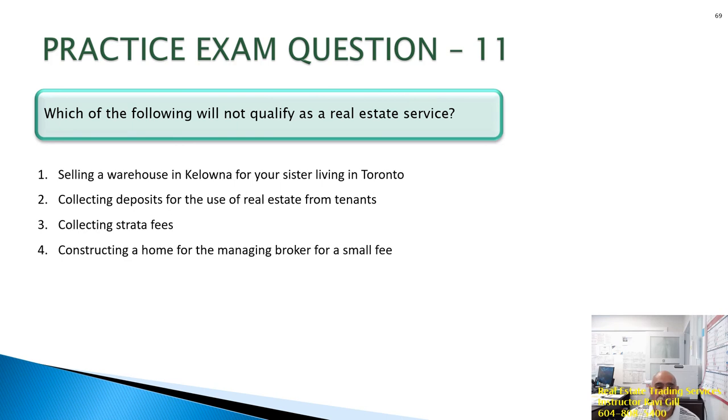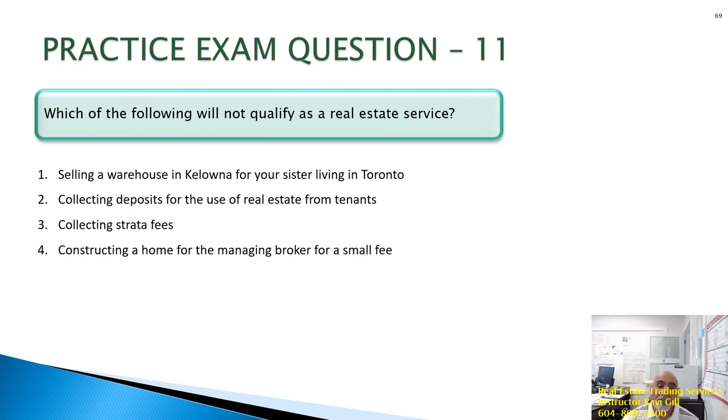As a realtor, your license is given to you by the Provincial Real Estate Services Act, the Council of British Columbia. Your license is only good for the province of British Columbia. In order to sell in Toronto, you would have to get a license from Ontario.